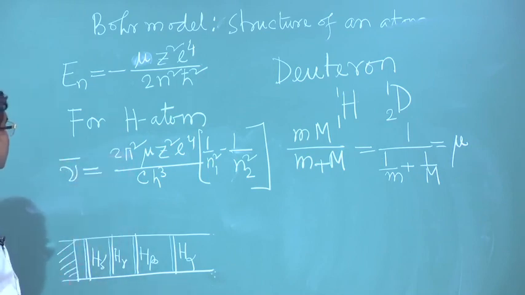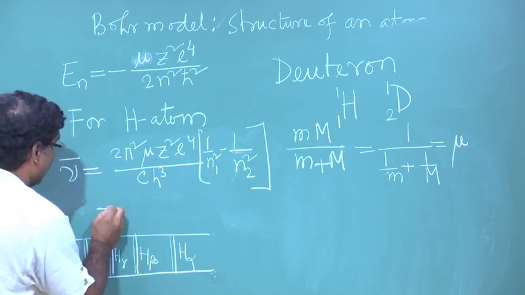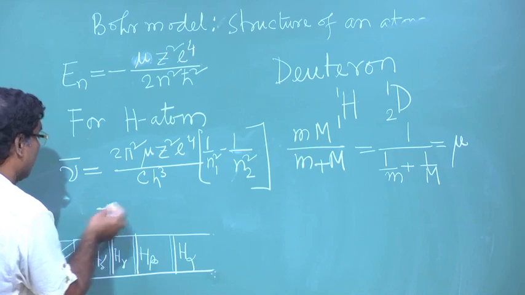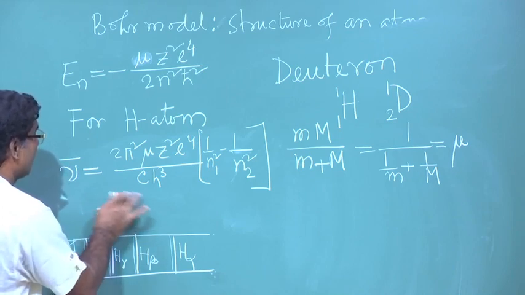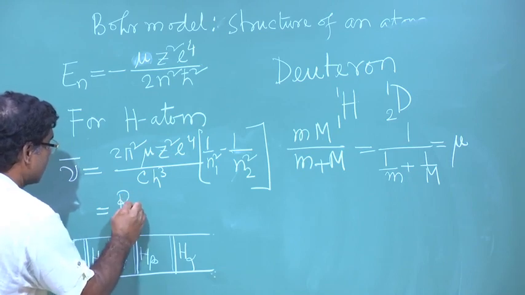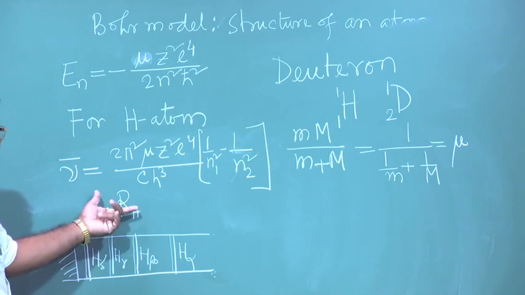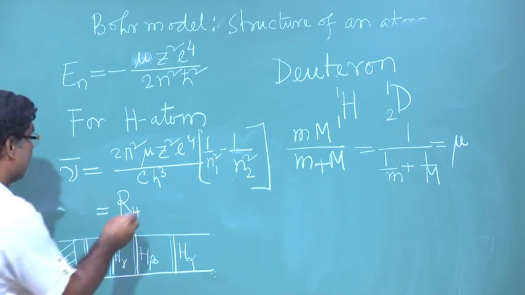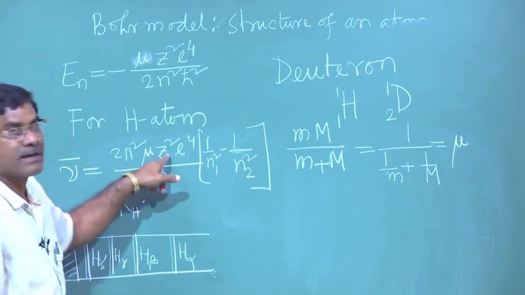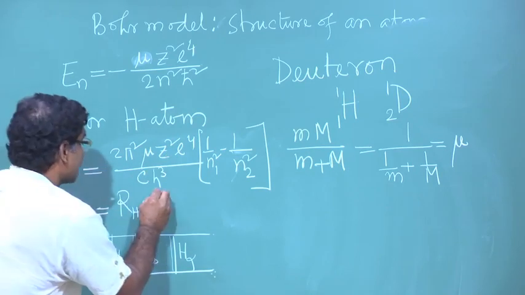Here we used to write this as the Rydberg constant for hydrogen, and for hydrogen z equal to 1 has been taken, so z square.